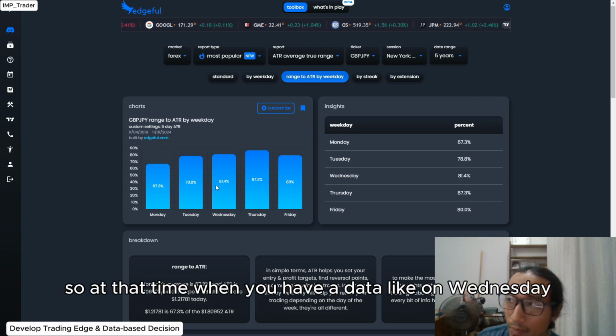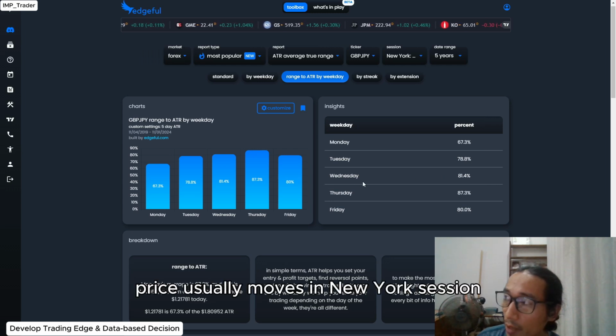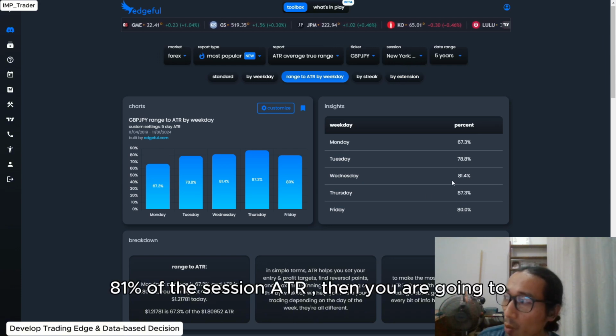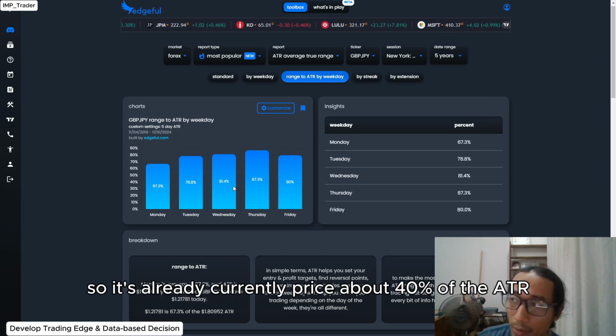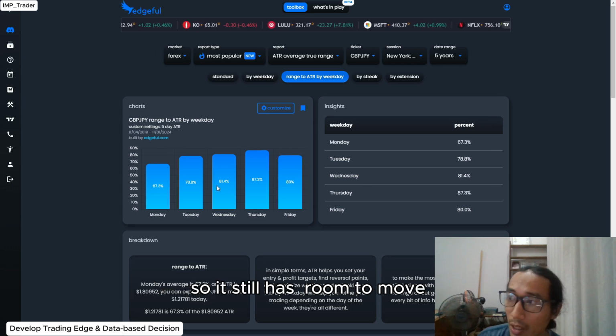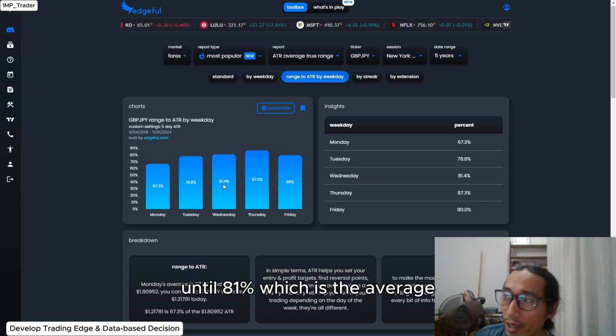At that time, when you have data like on Wednesday price usually moves in the New York session 81% of the session ATR, then you're going to note that it's currently at around 40% of the ATR, so it still has room to move until 81%, which is the average.